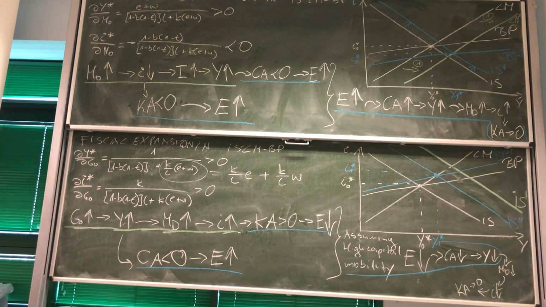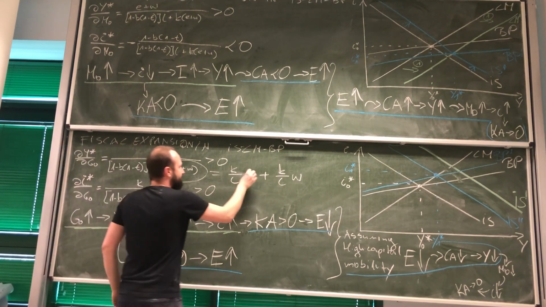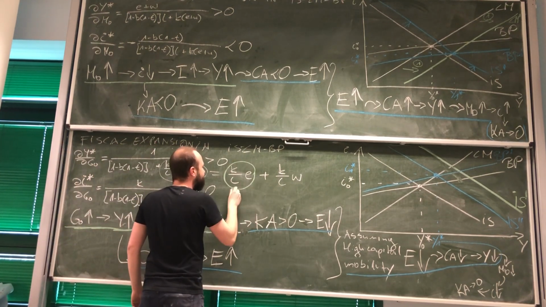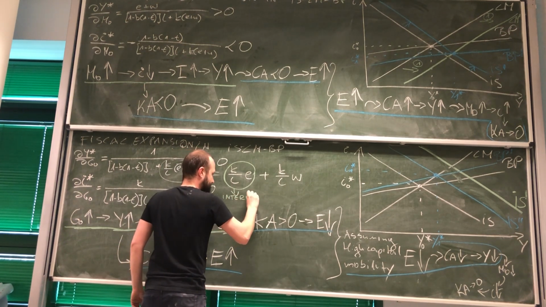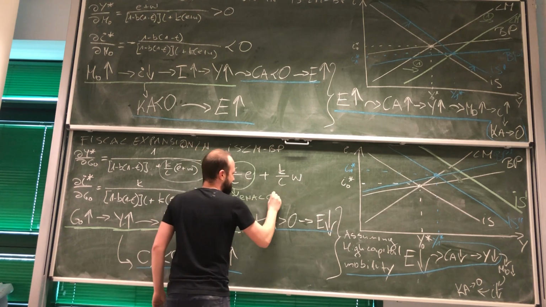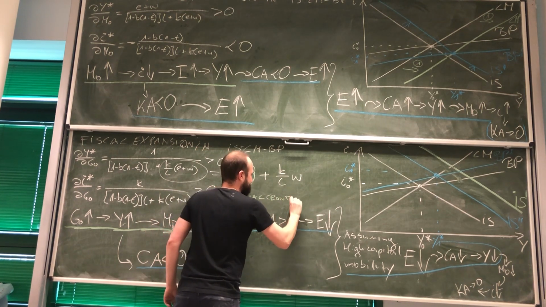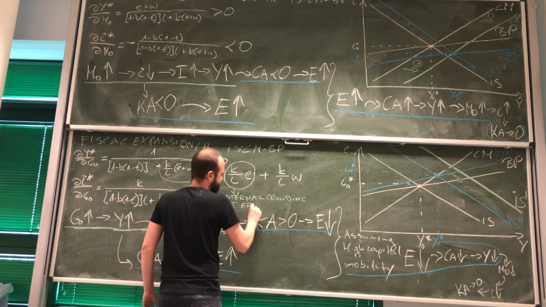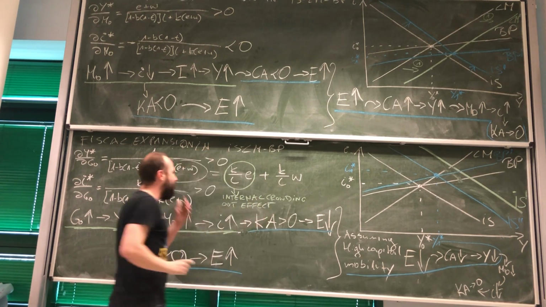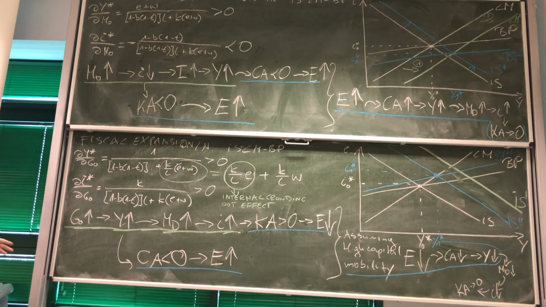Look, and now KLE is internal crowding out effect. This is the one that we've already discussed.